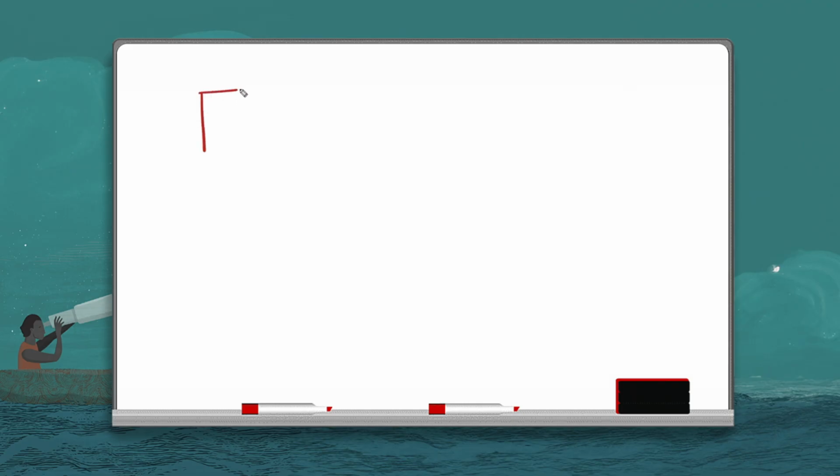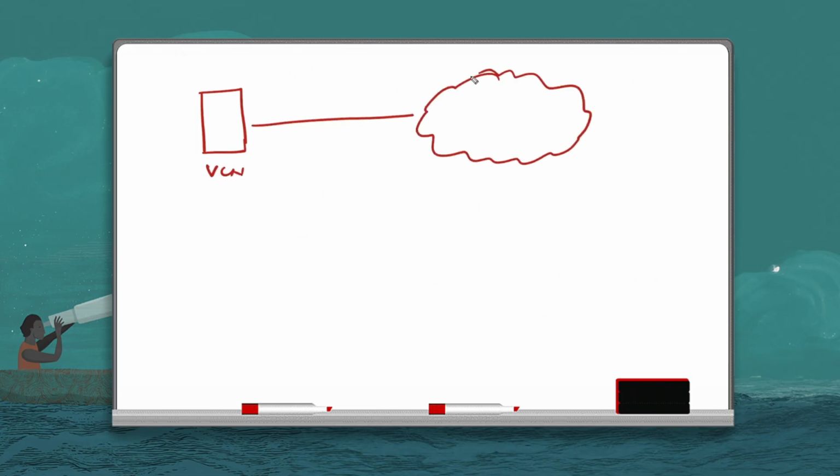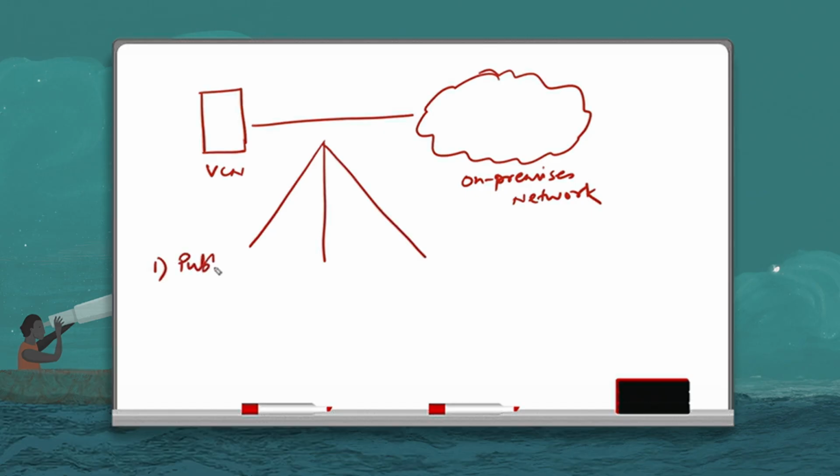If you would like to connect the VCN to your on-premises network, so this is basically the customer location or on-prem network. Now, if that is the case, here there are three options. The first option is you use public internet. The second option is you use something which is known as site-to-site VPN connection.